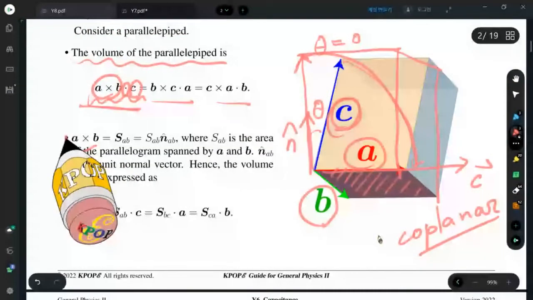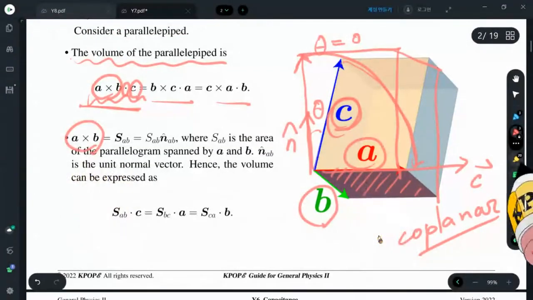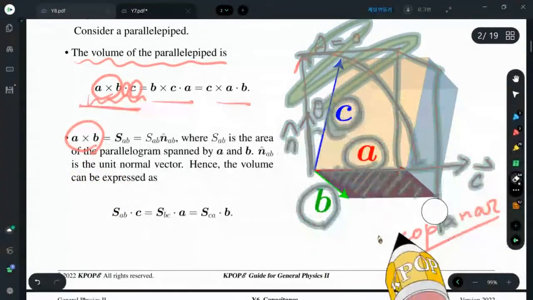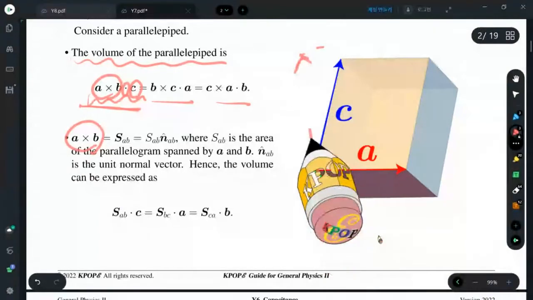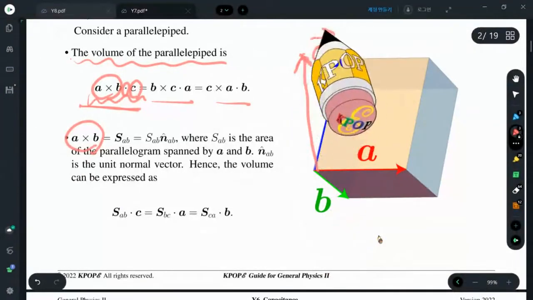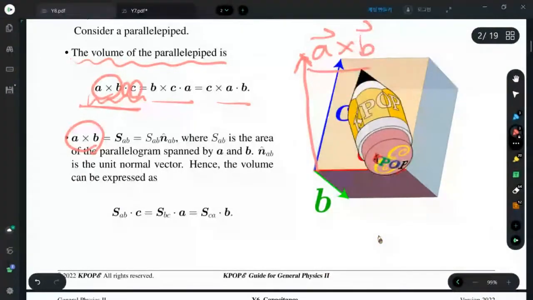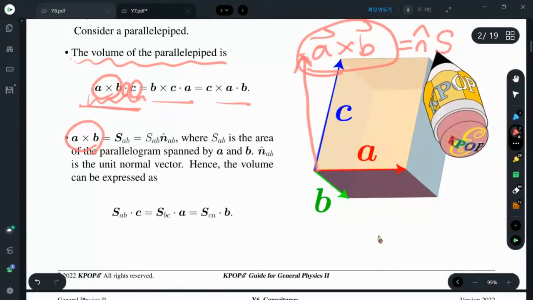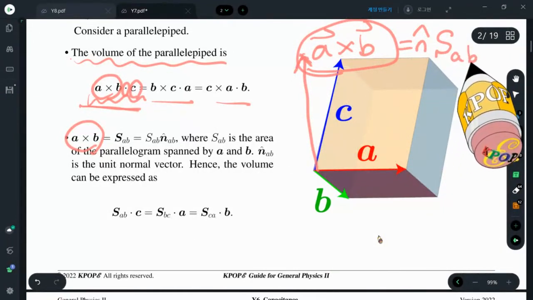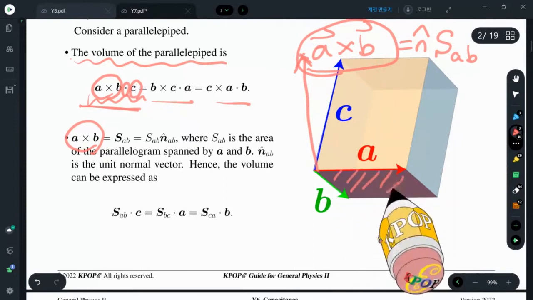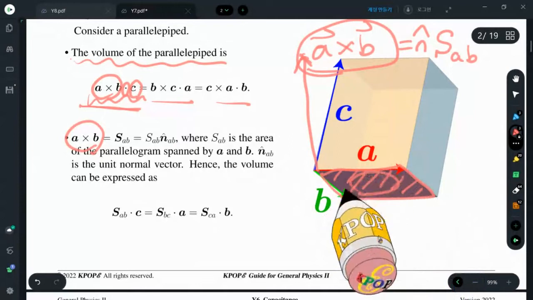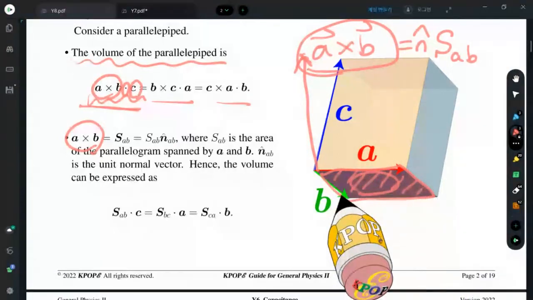When you compute A cross B, you get a vector, this vector A cross B. This vector represents the area S spanned by the two vectors, the area of the parallelogram generated by them.